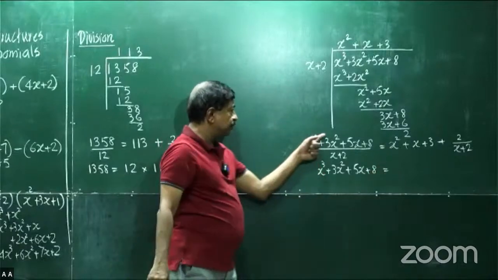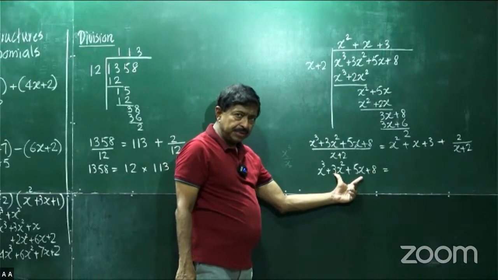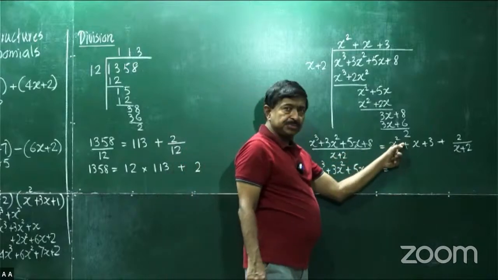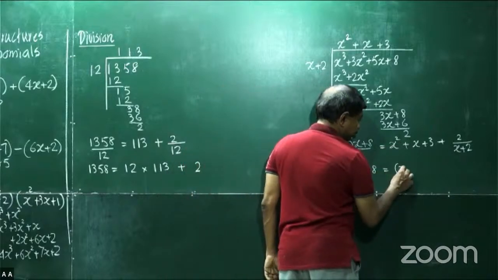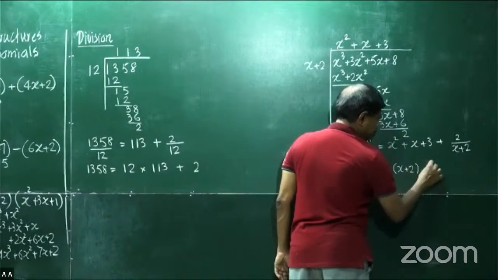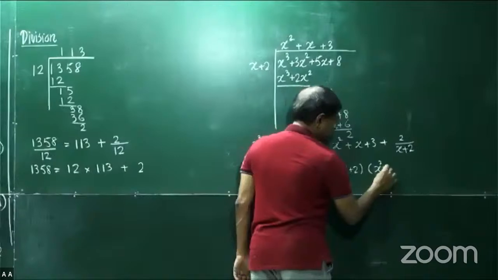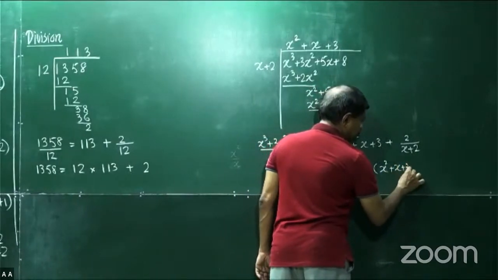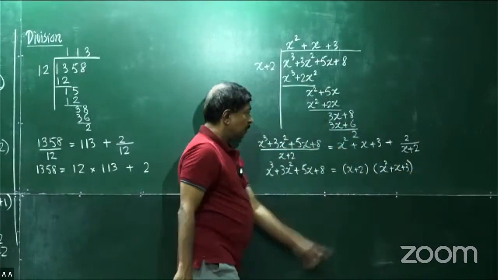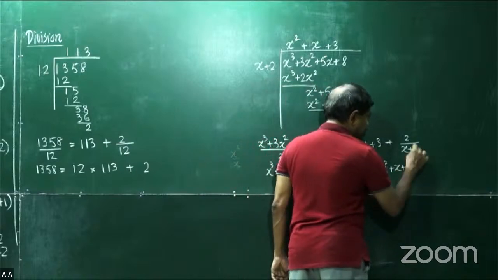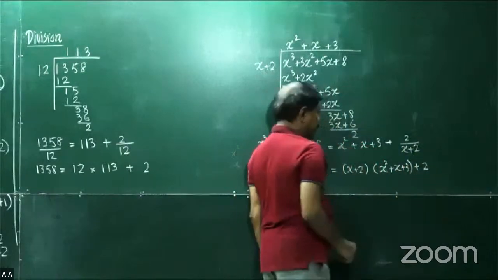So if you multiply this by x plus 2, you will end up with this. Now multiply this by x plus 2. Plus, when you multiply this by x plus 2, you get 2.